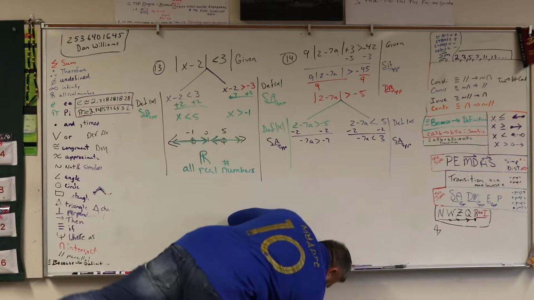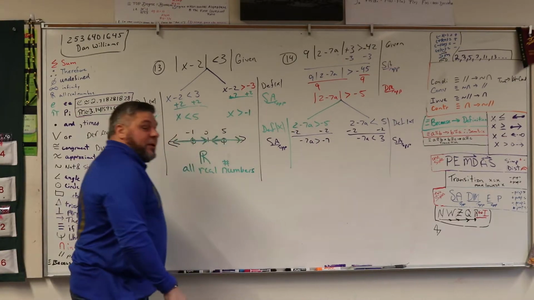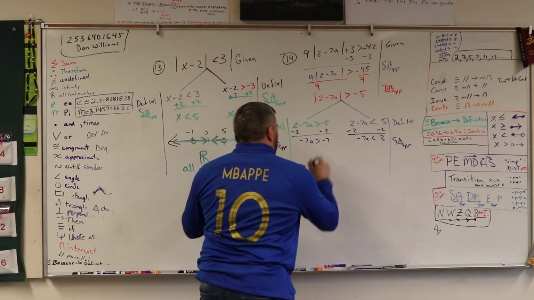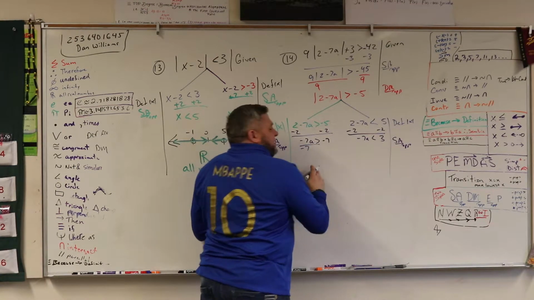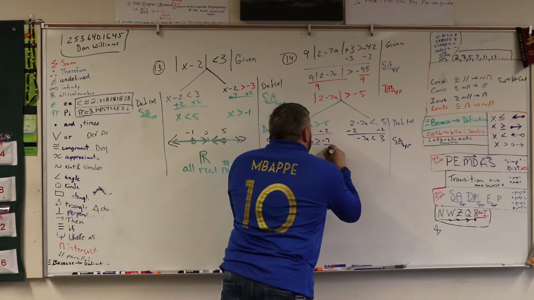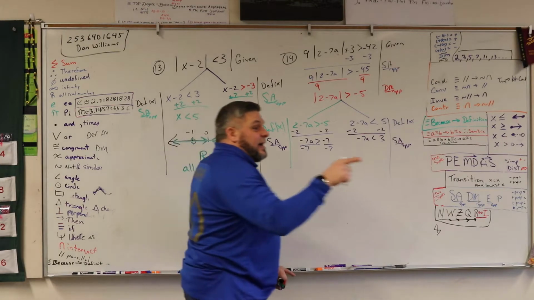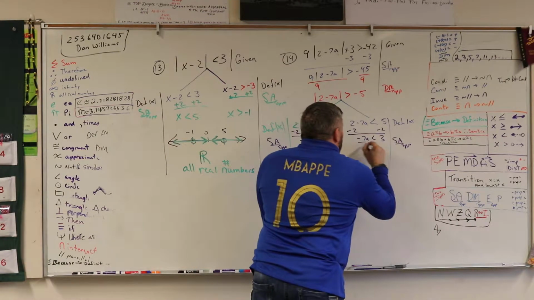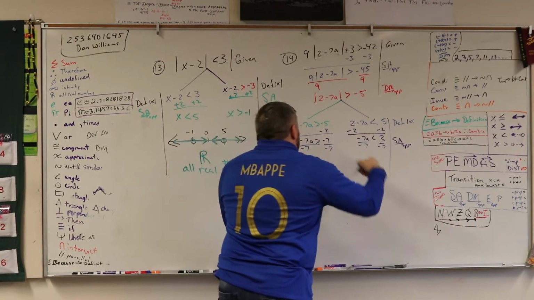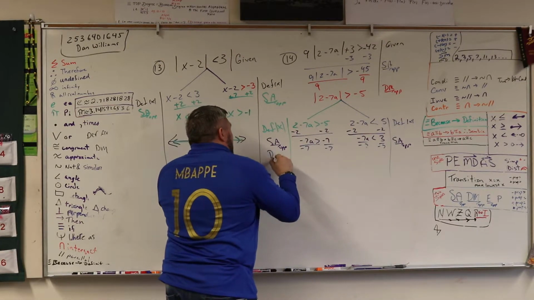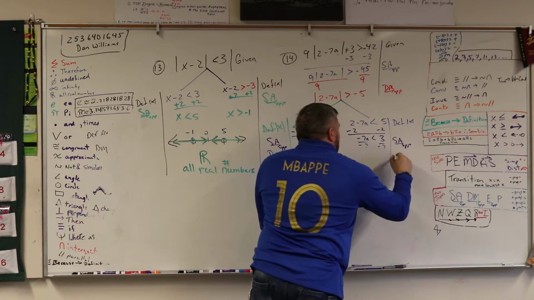You divide by negative 7. What happens to the sign? We're dividing by a negative 7 on both sides, and that is DM, by the way. We also got to remember, flip the sign.